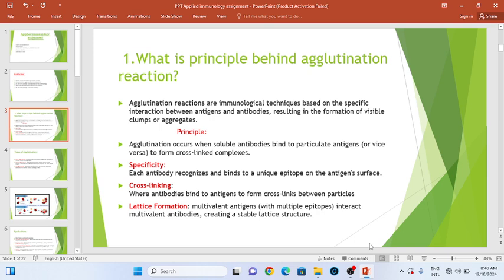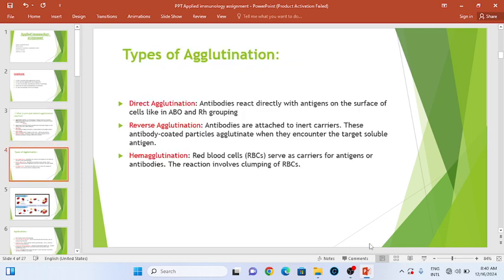The third one is lattice formation. This lattice formation is where multivalent antigen binds or interacts with multivalent antibody to create a stable lattice structure. Here I have provided the types of agglutination, which are direct agglutination, reverse or passive agglutination, and hemagglutination.